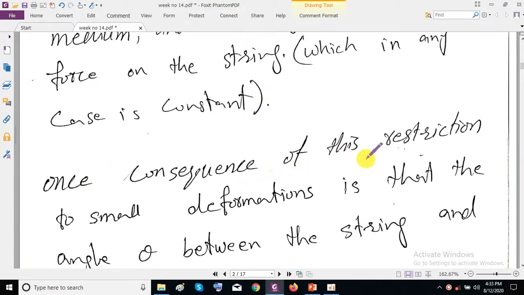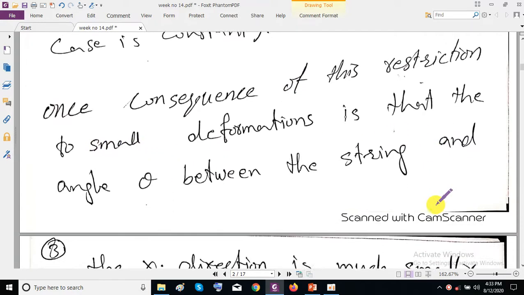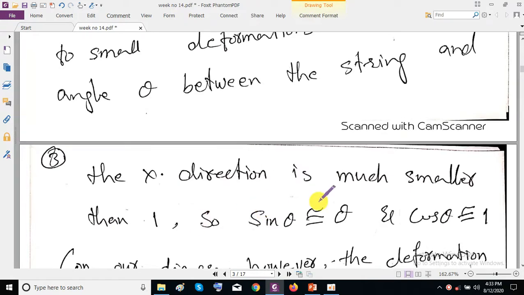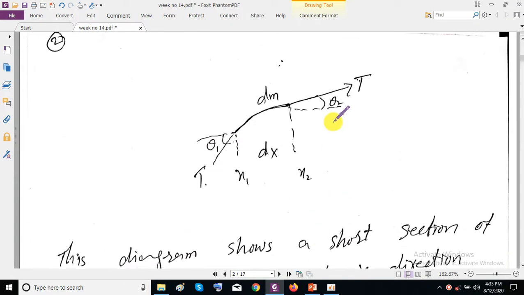One consequence of this restriction to small deformation is that the angle theta between the string and the x direction is much smaller than 1. Look at this theta 2 and this theta 1. Maybe you say, sir, this is greater than 1. You are right for this position, but this is the zoom of a small portion.